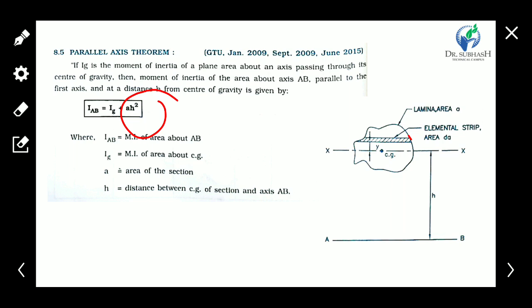A means the area of the given body, into h square, where h is the distance. So Ig plus A h square gives the moment of inertia about any given reference axis parallel to the x axis or y axis passing through the CG. Clear? If we want the moment of inertia about any reference axis, we can get it through the parallel axis theorem.